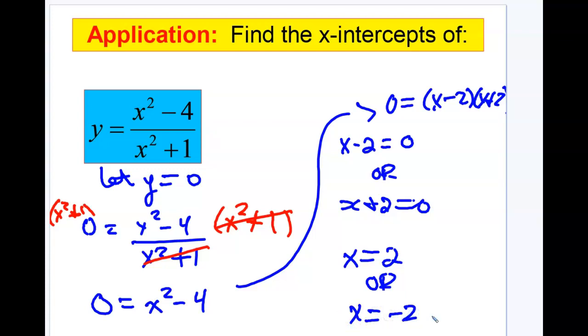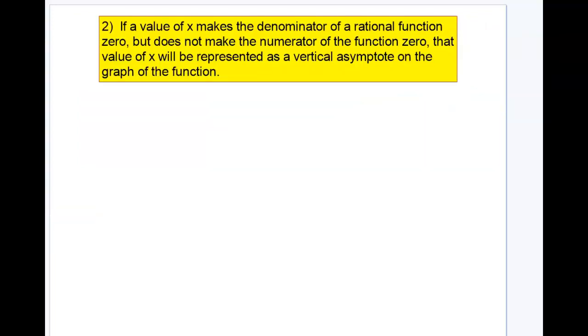And those are going to be my two x-intercepts for this particular function. So values that make the top of my rational function 0 but not the bottom are, again, shown here to be x-intercepts. If a value of x makes the denominator of a rational function 0 but does not make the numerator of the function 0, then that value of x will be represented as a vertical asymptote.